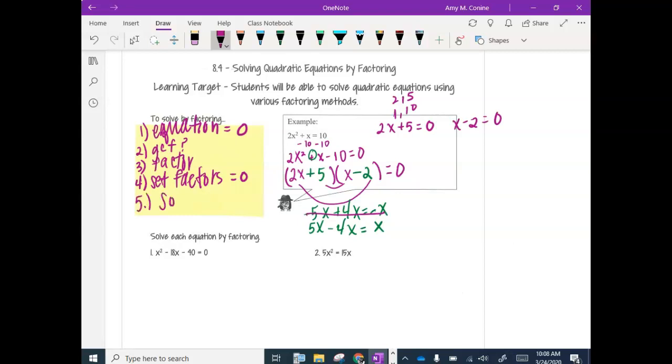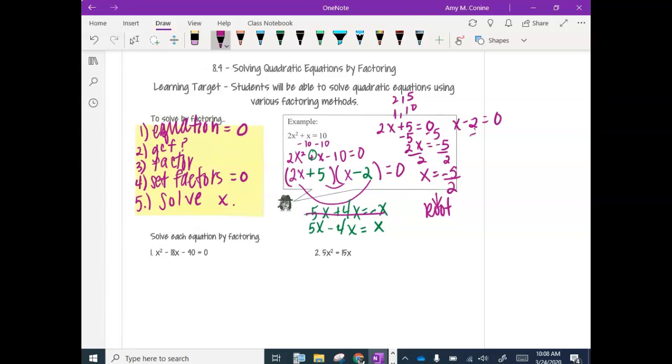We're going to solve for x or whatever letter we have. So for the first one, we'll subtract 5. So 2x equals minus 5. Divide by 2. So this is a negative 5 over 2. So that's one of our roots. So that is a root or solution. Okay.